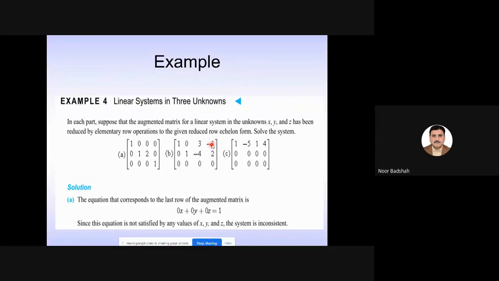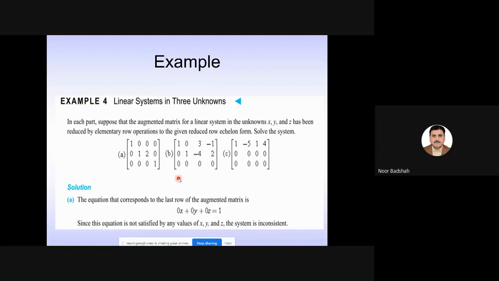Another example, I explained this thing already. You see, in this case the last row, keeping in mind this is the augmented matrix. So this one is 0, this is not 0: no solution, many solutions, again many solutions.